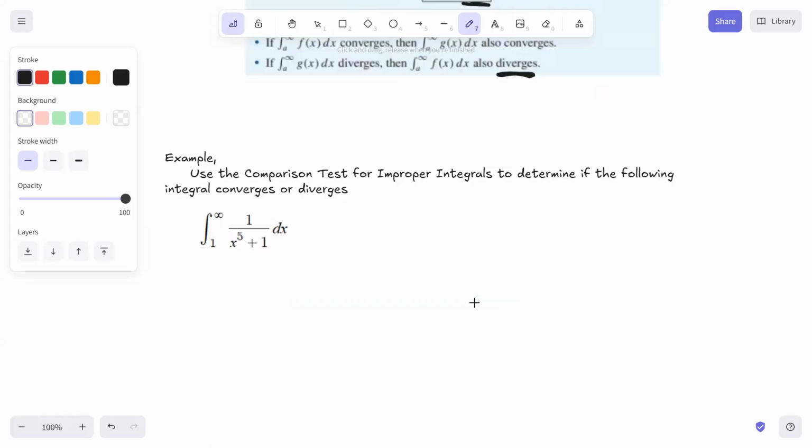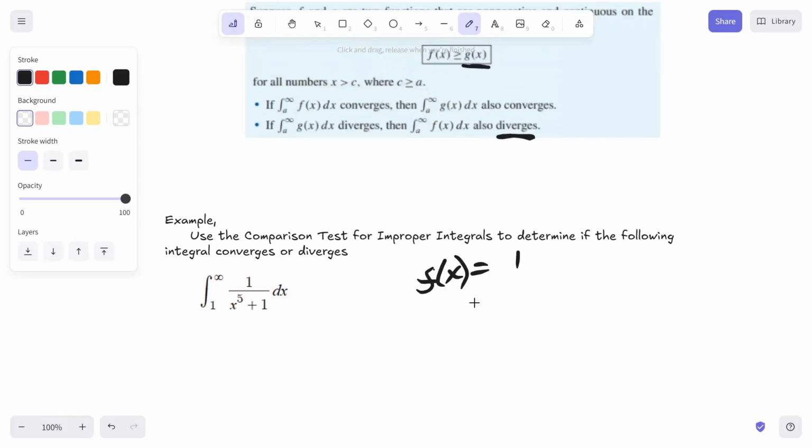We'll look at the improper integral from 1 to infinity of 1 over (x to the 5th plus 1). So we don't know how to get the antiderivative of this, but we do know that if we have f of x equals 1 over x to the 5th, then g of x is going to be 1 over (x to the 5th plus 1).